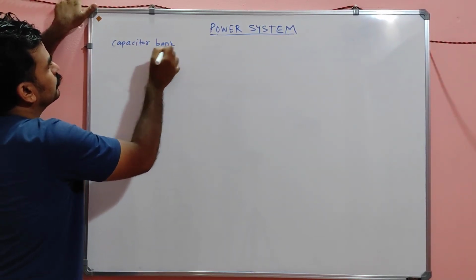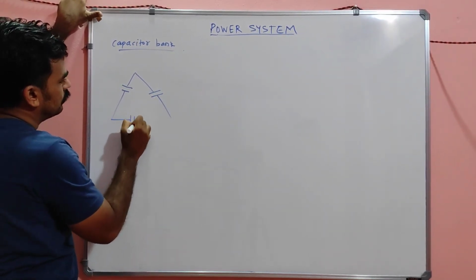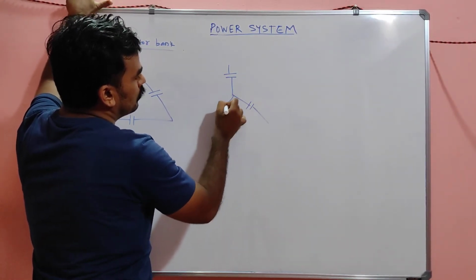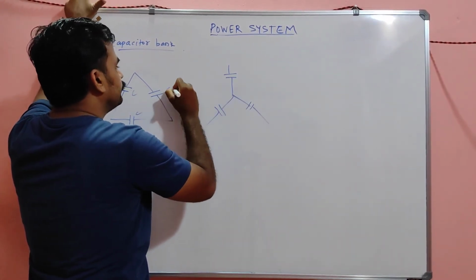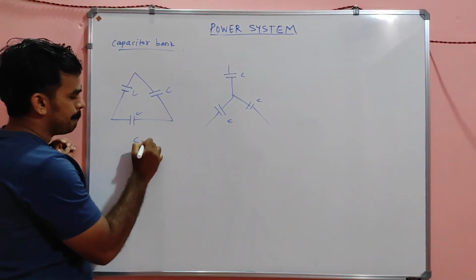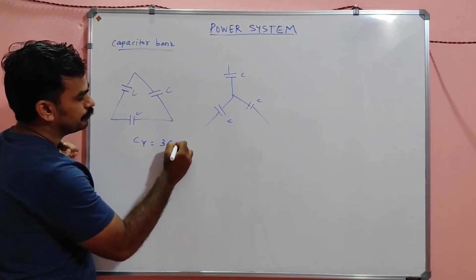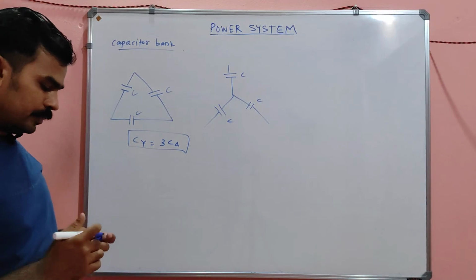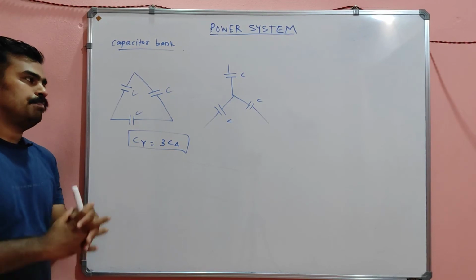Capacitor bank. In a three-phase system, you can use a capacitor bank to provide power factor correction.